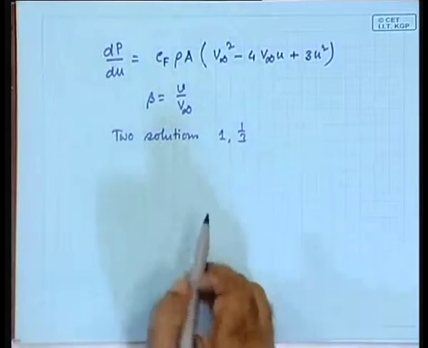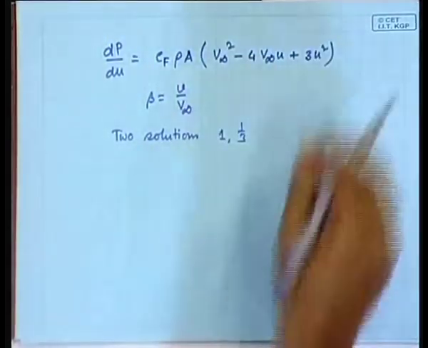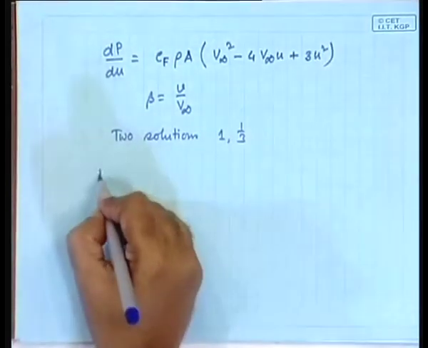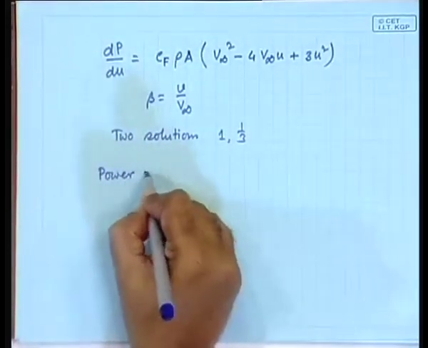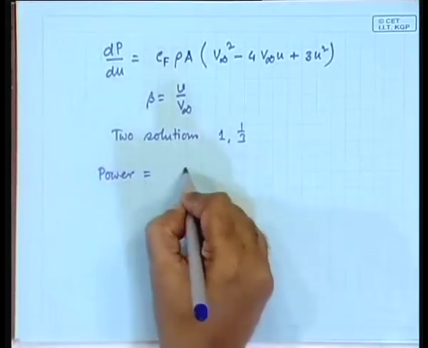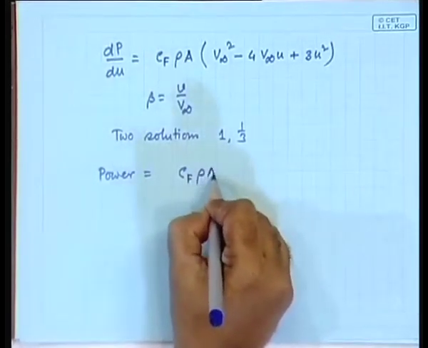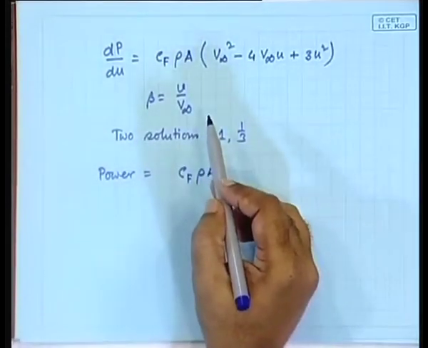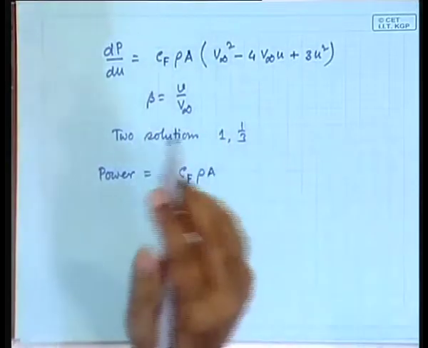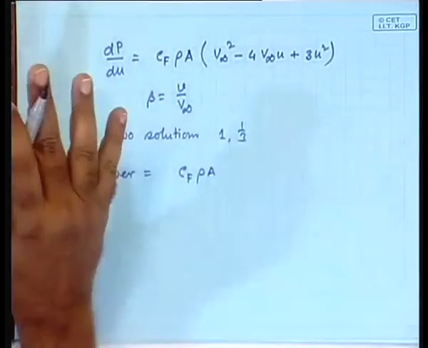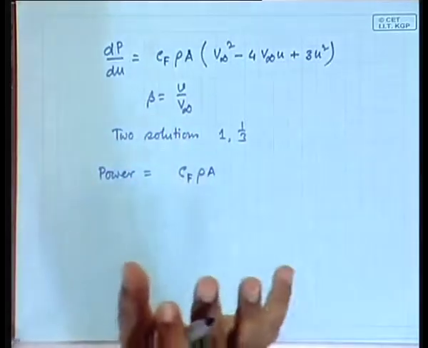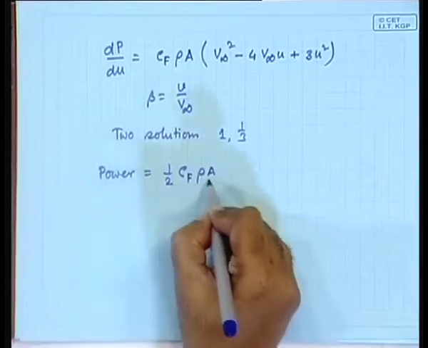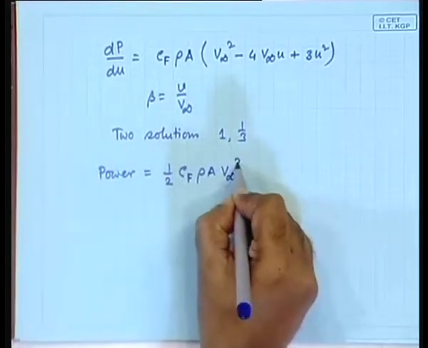Now, what does this imply? What will be the total power output? Substitute that here. You get power equal to Cf rho A. No, I want half rho A V infinity cube to be out and things expressed as a coefficient of that.